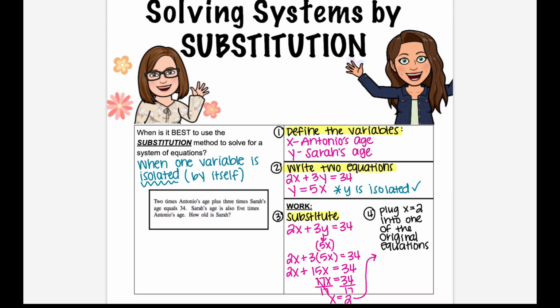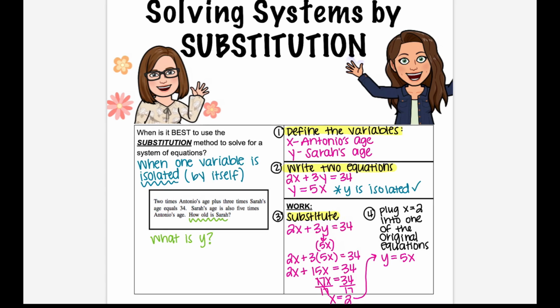Now, if I want to know what y is, our question is asking how old is Sarah? So in other words, we're trying to find out what is y. So if I want to know what y is, then I can take x equals 2 and I can plug it into this equation since y is already by itself here.